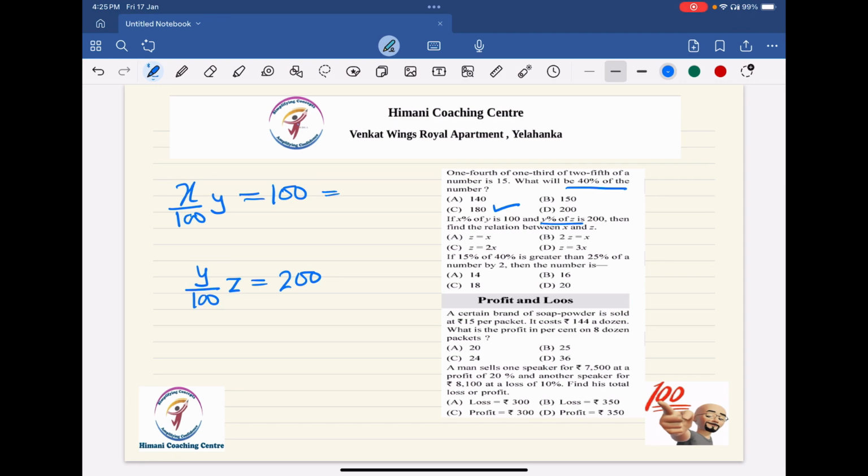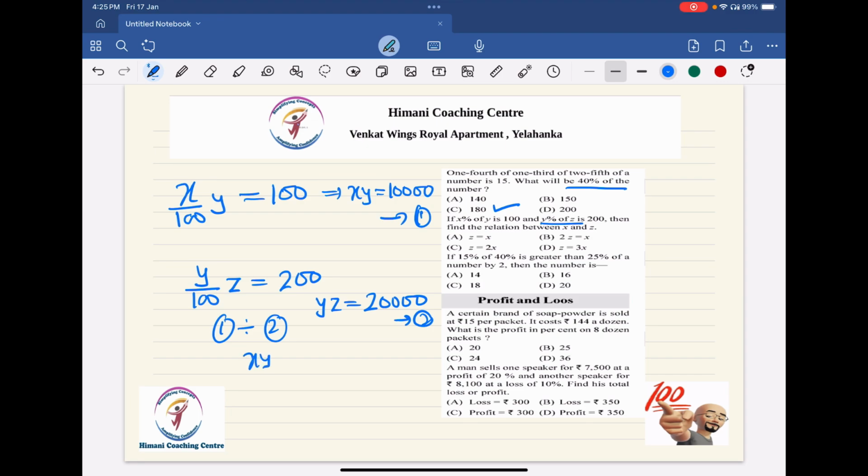So see, we can say that x times y is equal to 100 into 100, so which becomes 10,000, and y times z becomes 200 times 100, which is 20,000. We want the relation between x and z. So let us say this is 1 and this is 2. Okay. So what will we do? We will divide 1 by 2.